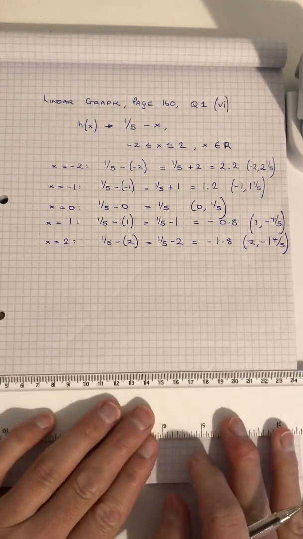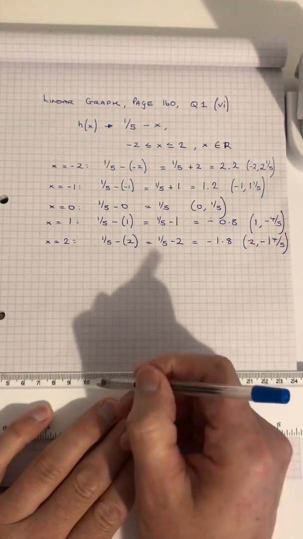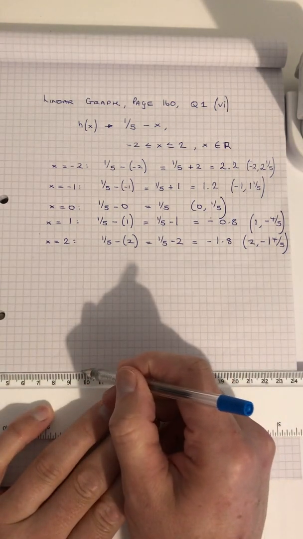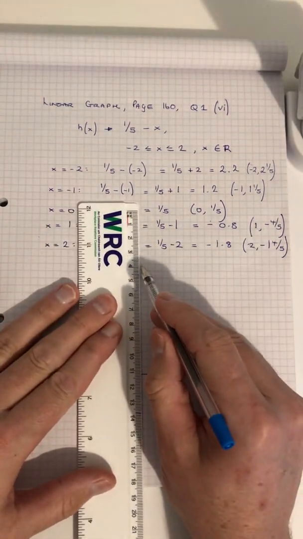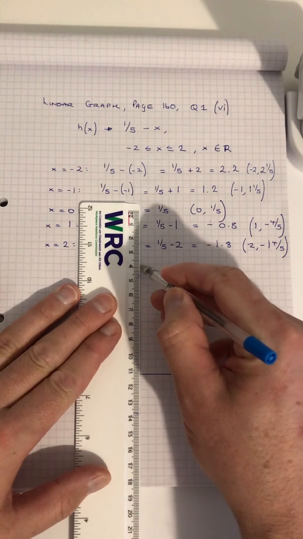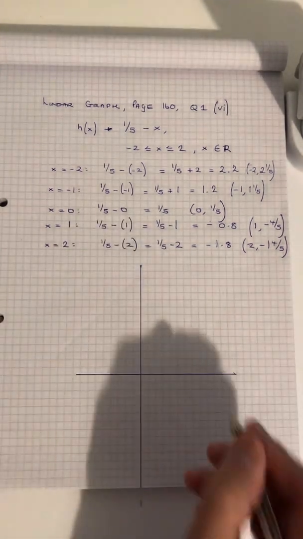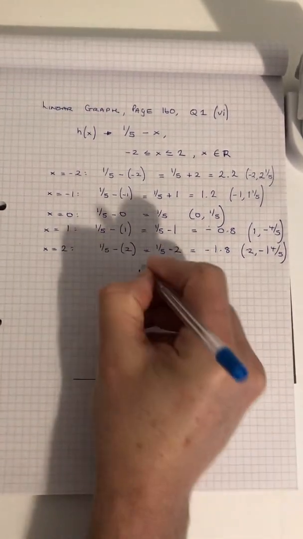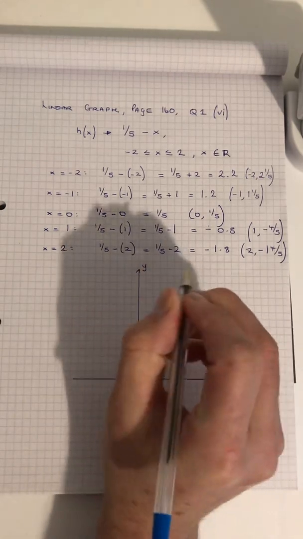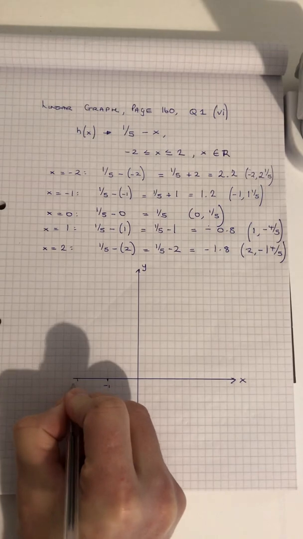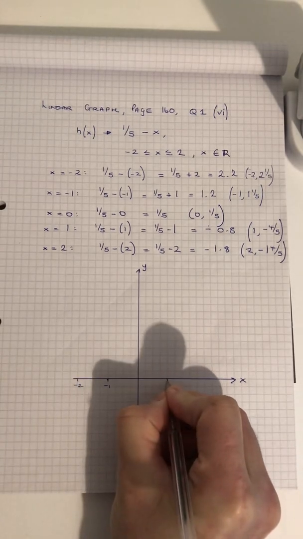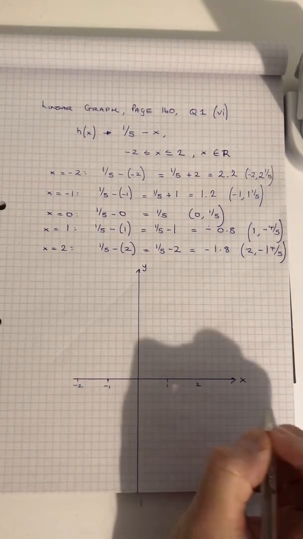So this time we need to go from -2, and I'll make this one slightly bigger depending on my scales. Okay, so this is your x and this is your y. So I'm going to go -2, -1, plus 1, plus 2.